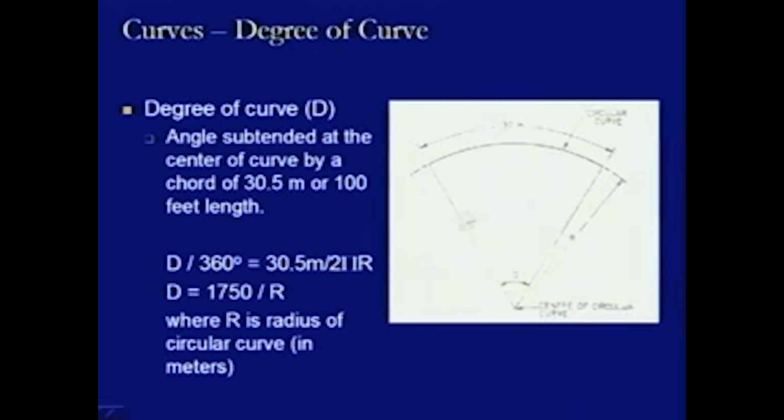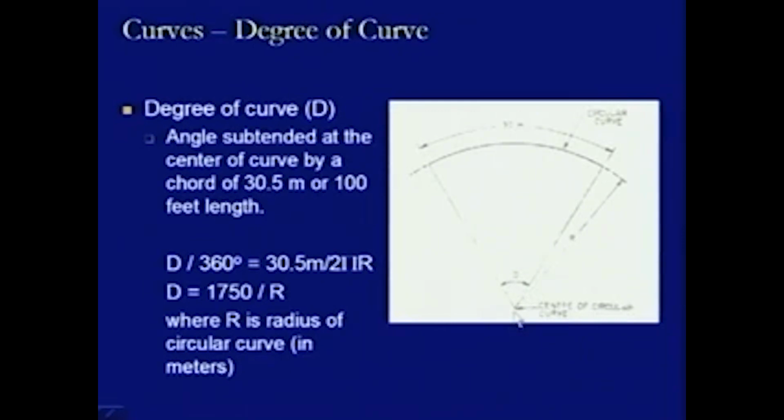If we are providing a circular curve like this, and we take a 30.5 meter long chord, or a 100 feet long chord, along this circular curve, then we see what is the angle found at the center of the curve, which may be termed as the degree of this curve.